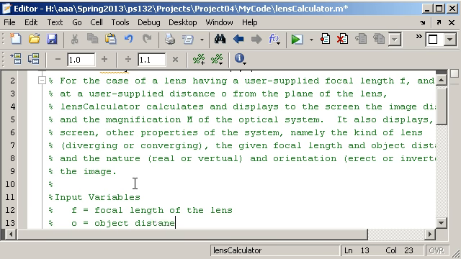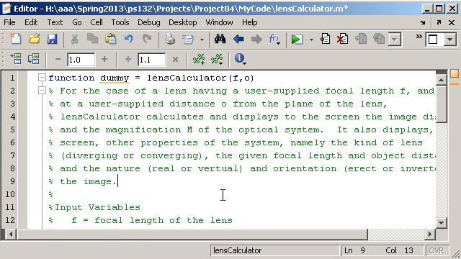Oh, I should mention that this whole process, lens calculator, uses the thin lens approximation.